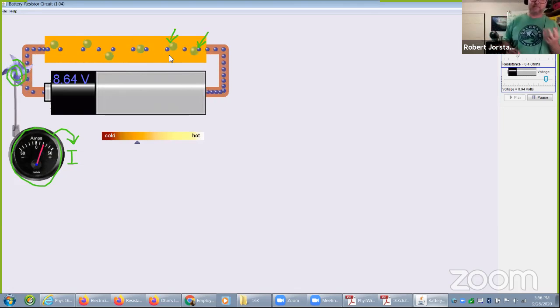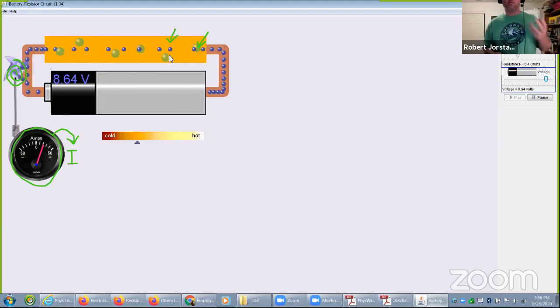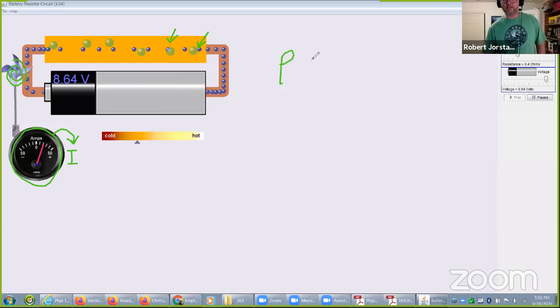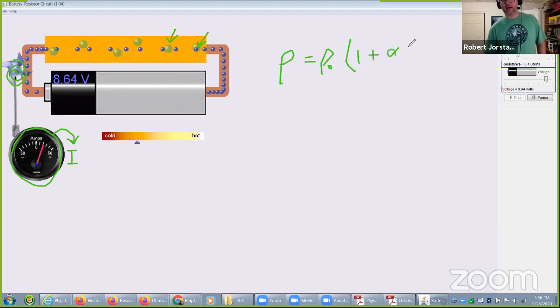This is the basic principle behind why most metals, as you heat up a piece of metal, its resistivity increases. So what am I saying? rho is equal to rho at room temperature times 1 plus alpha times T minus this reference temperature of 20, which everybody decided to agree on as room temperature, 20 degrees Celsius.